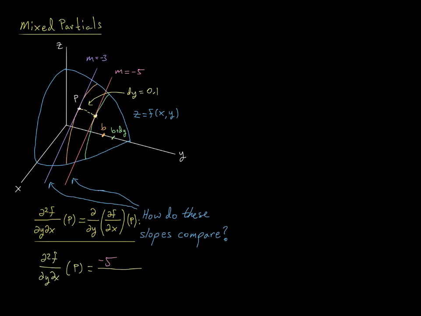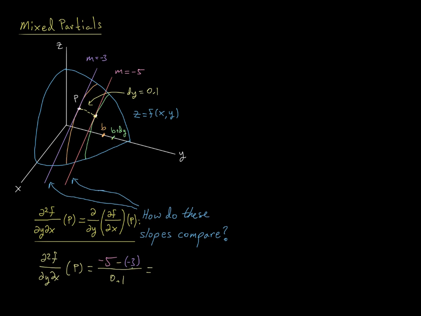Then I'm going to subtract from that my initial slope, which was -3. And then I'm going to divide that by my little change in the y direction. So I would divide that by the 0.1.